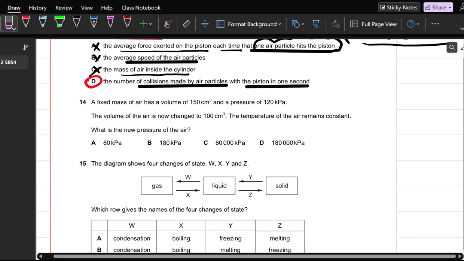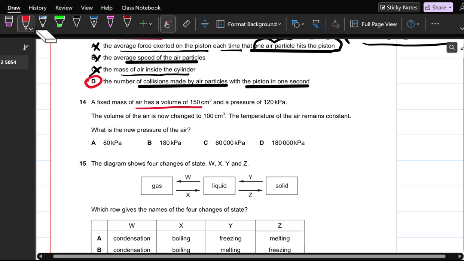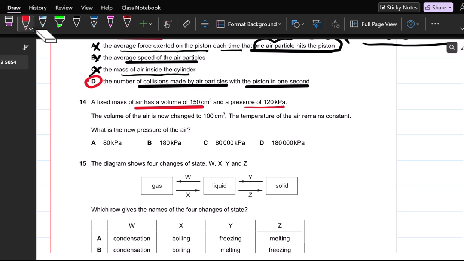Okay, question number 14. A fixed mass of air has a volume of 150 centimeter cube and a pressure of 120 kilopascal. So it means when the volume is 150 centimeter cube, मैं बेटे उसे नाम दे रहा हूँ V1.